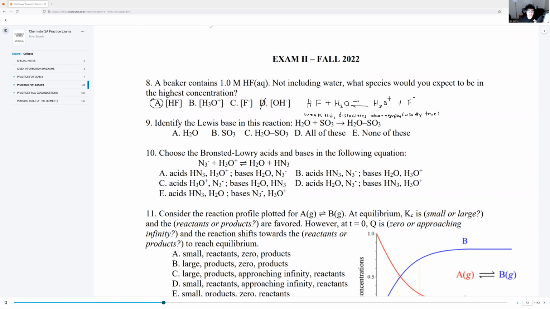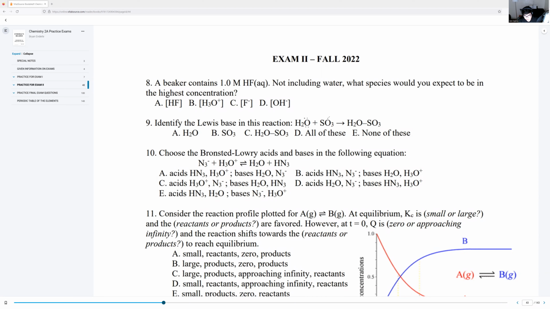All right, number 9 is next. It says identify the Lewis base in this reaction. So if we're looking at this, we can draw some electrons there. Essentially what you're looking at is who is giving away their electrons and who is accepting them. So the Lewis acid-base definition goes with electron movement.